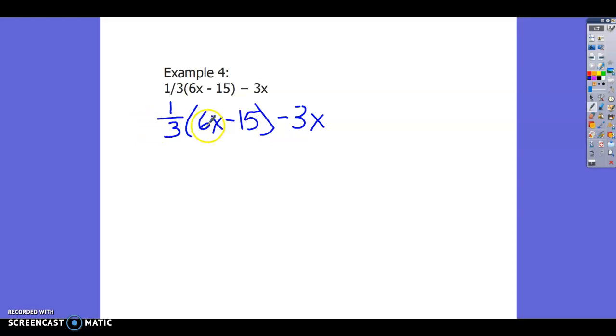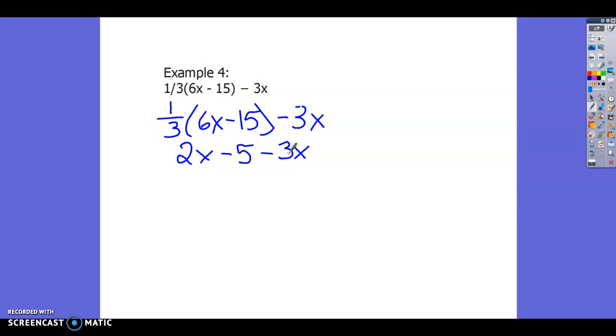So 1/3 of 6, just think of 6 divided by 3. 6 divided by 3 is 2. And I still have my x. And we've got 15 divided by 3. Don't forget your negative sign. 15 divided by 3 is 5. And then just bring down the negative 3x.